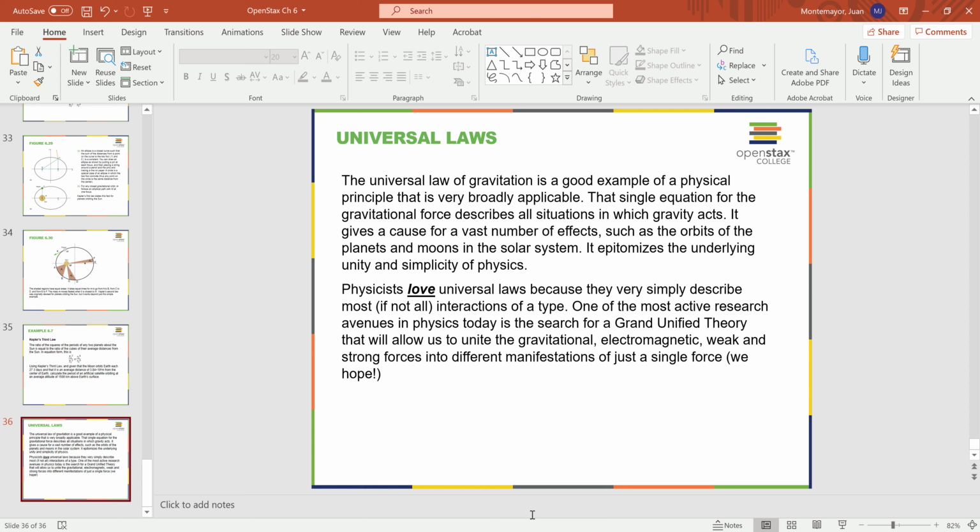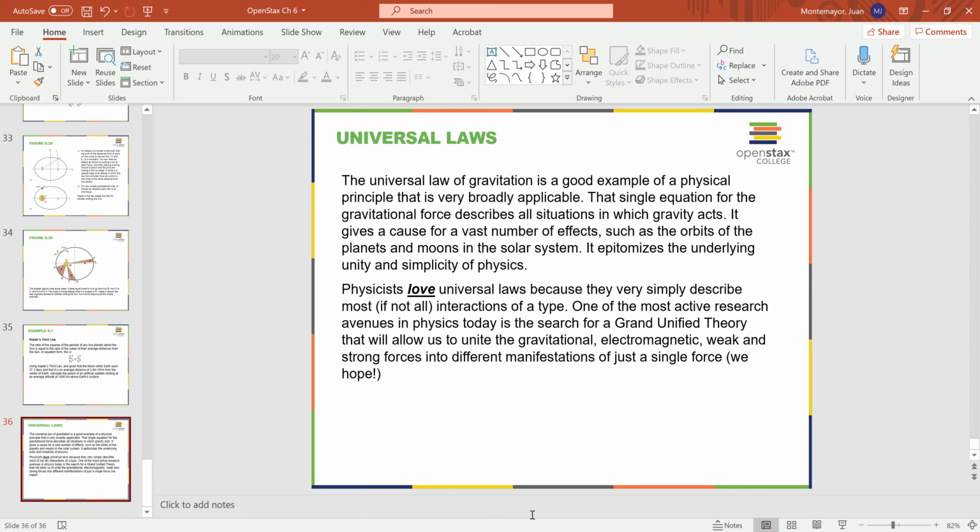Physicists love universal laws because they are very simple and describe most, if not all, interactions of all types. One of the most active research avenues in physics today is the search for a grand unified theory that will allow us to unite the gravitational, electromagnetic, weak and strong forces into different manifestations of just one single force, which we hope.